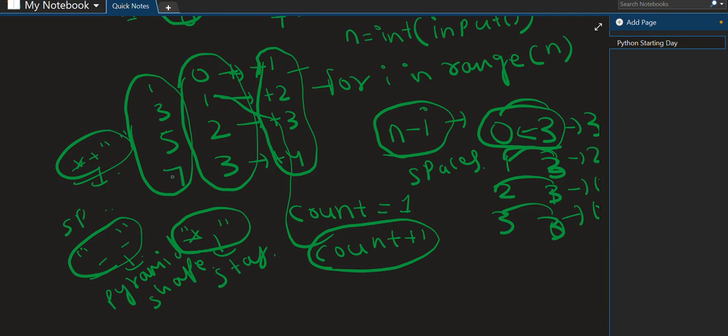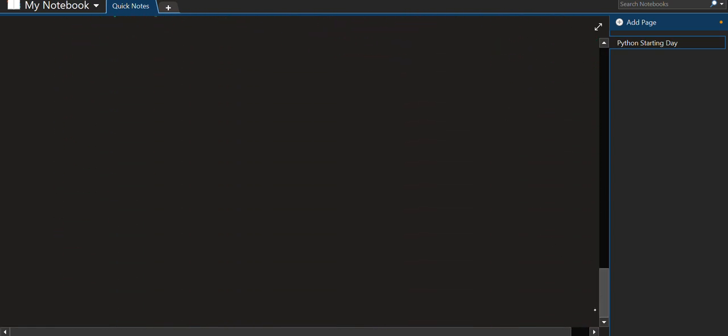Here n equal to 4, right? The values of I are 0, 1, 2, 3.